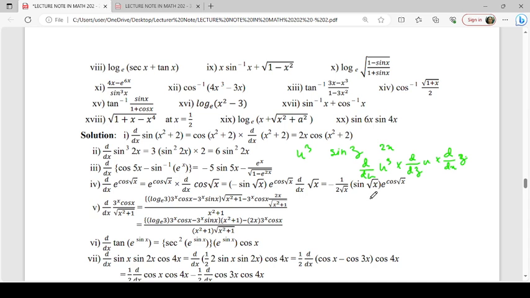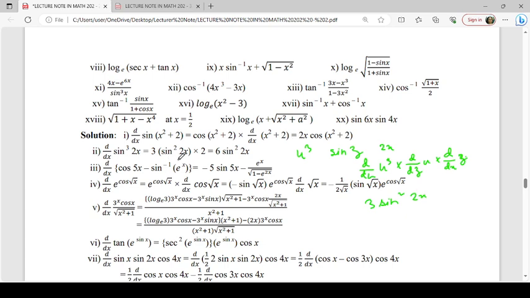So it is 3u square. 3u square means 3 sine square, 3 sine square z, this twice x is kept like this.